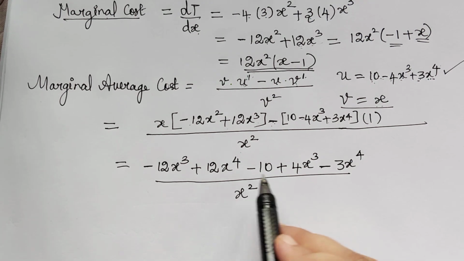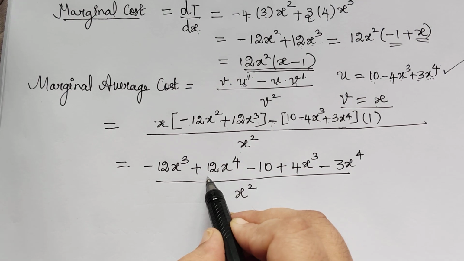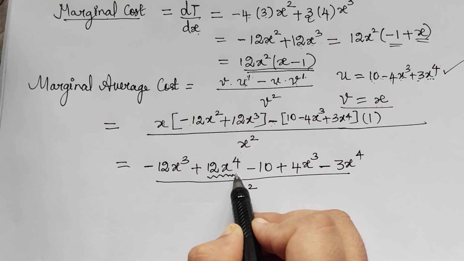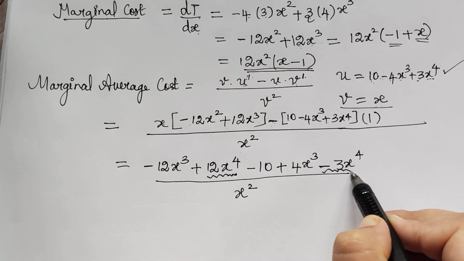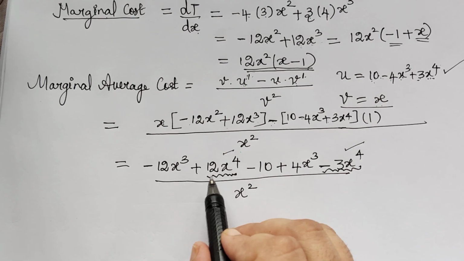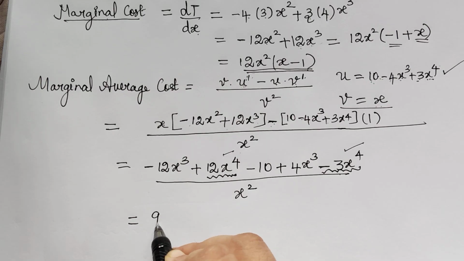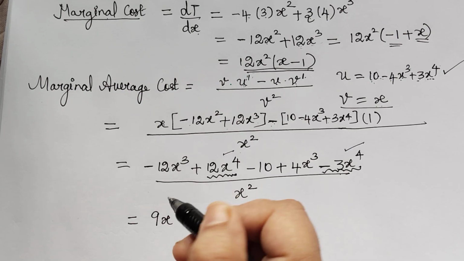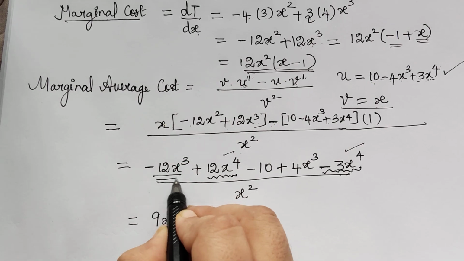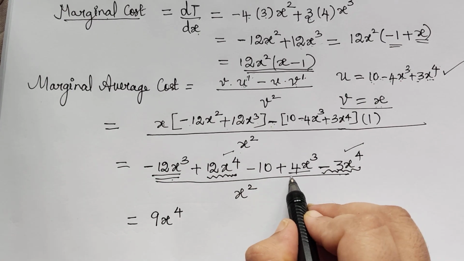So let us gather the same terms, that is the terms which have the same power. So if you see, we have 12x to the power 4 over here, and minus 3x to the power 4. So these two terms are the same. So when we subtract, that is 12 minus 3, that will give us 9x to the power 4. And then we have the term minus 12x cube, and here we have 4x cube.